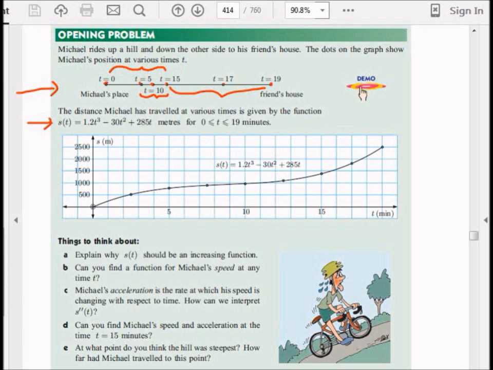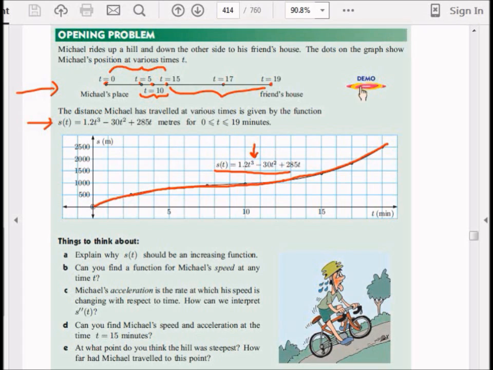So this is a cubic function. We can see that by the 3 here in our highest exponent. We can also see it's a cubic function by the shape of the graph. Okay, it has 2 turning points. Explain why s of t should be an increasing function. So last chapter we talked about increasing and decreasing functions.